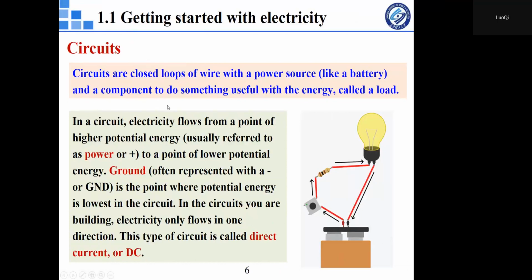In a circuit, electricity flows from a point of high potential energy, usually referred to as power, to a point of lower potential energy.